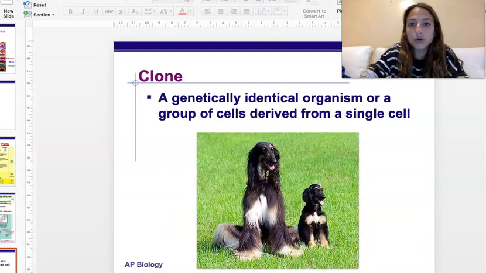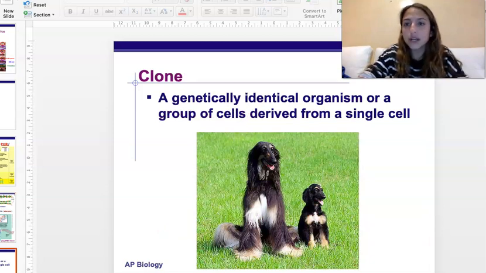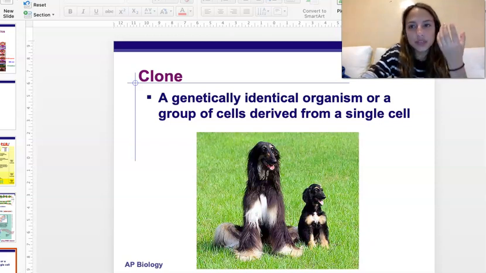We can also clone. So all we do, this is actually super easy. We get the DNA from a somatic cell, that's just a body cell, and an egg cell, if it's the case of a vertebrate. So that egg cell, we take out the nucleus with its haploid sequence, and we insert a diploid sequence of the somatic cell.